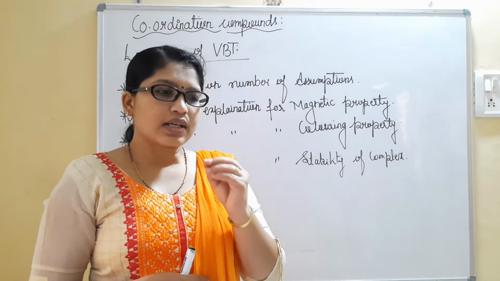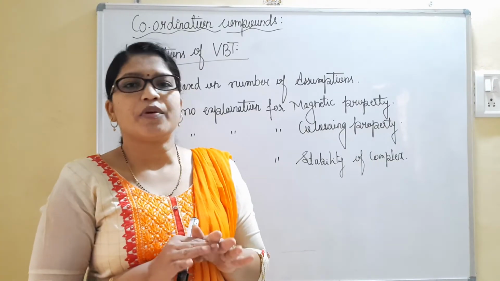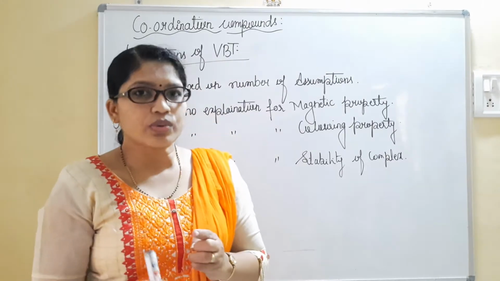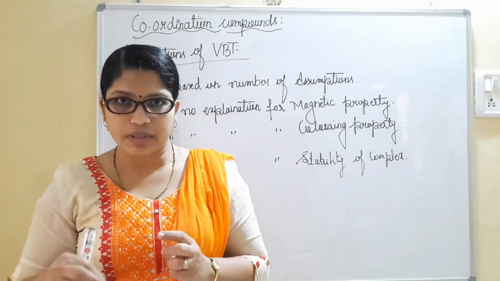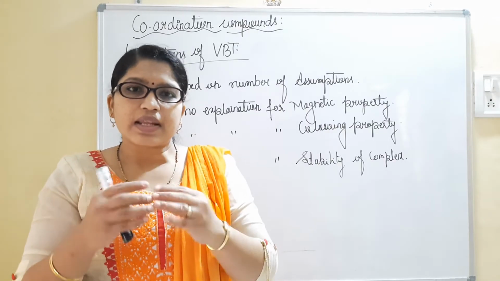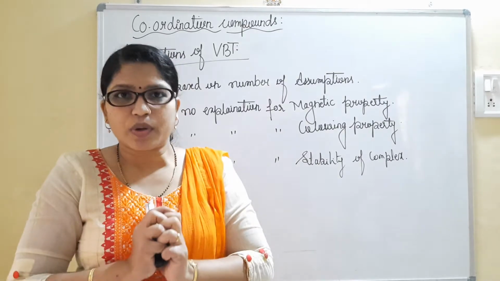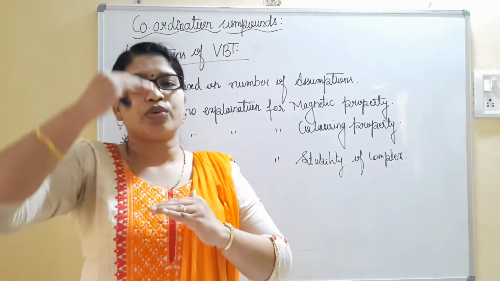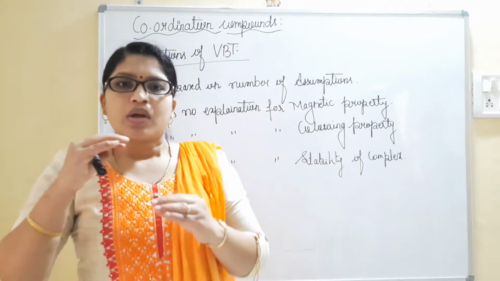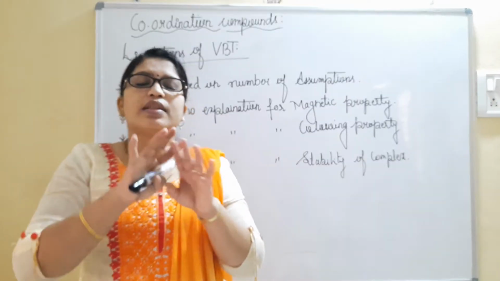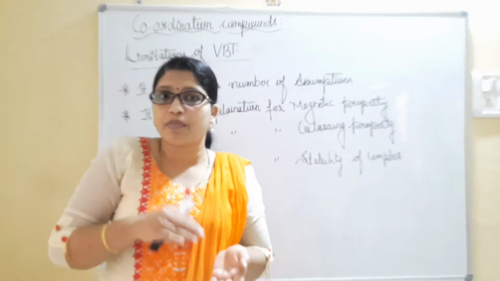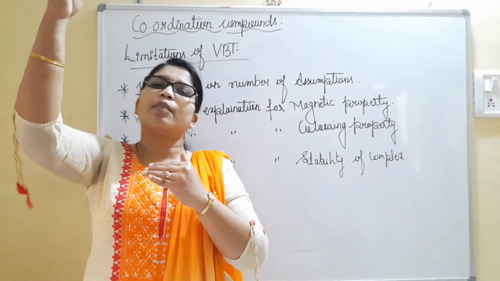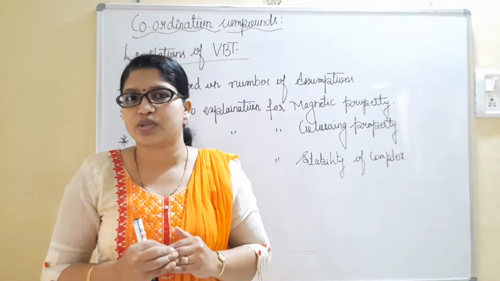Whenever we consider a transition metal in the ground state, it will be very stable. Once we provide a certain amount of energy to the ground state transition metal, that energy is absorbed, and the electrons present in that transition metal move to a higher energy state. When they move to the higher energy state, they are not as stable as before. In order to gain their stability back, they come back from the excited state to the ground state.